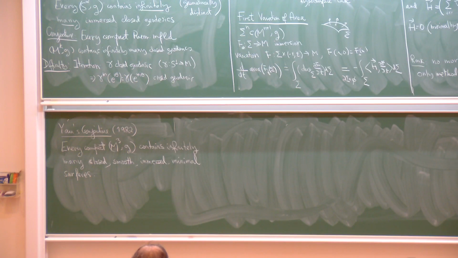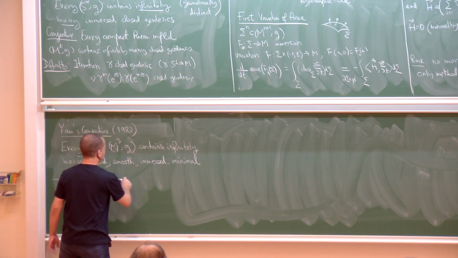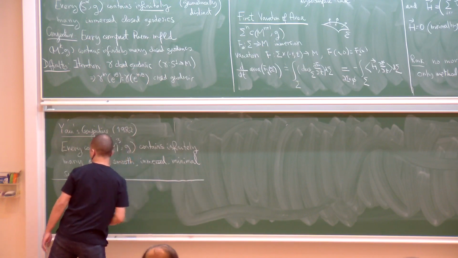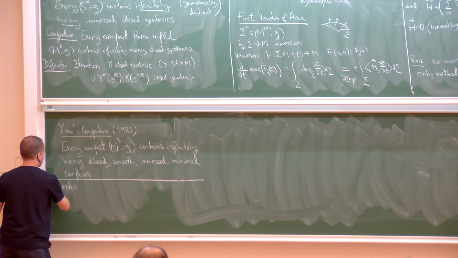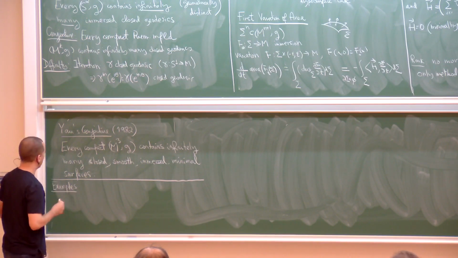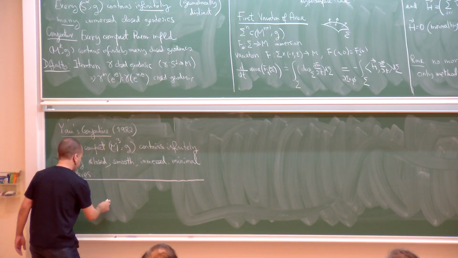So this was the conjecture. By the way, before I say more, let me just discuss one example, right? So I guess the simplest example of a closed minimal surface is the equator in S3.